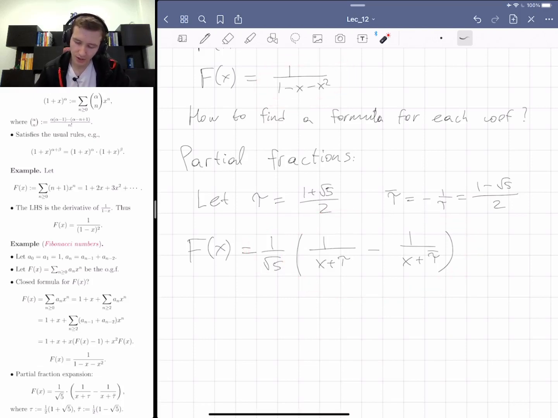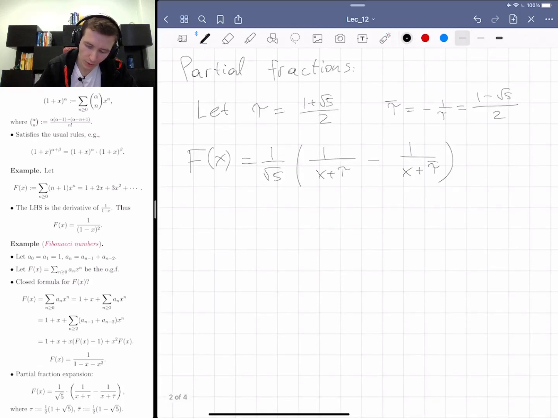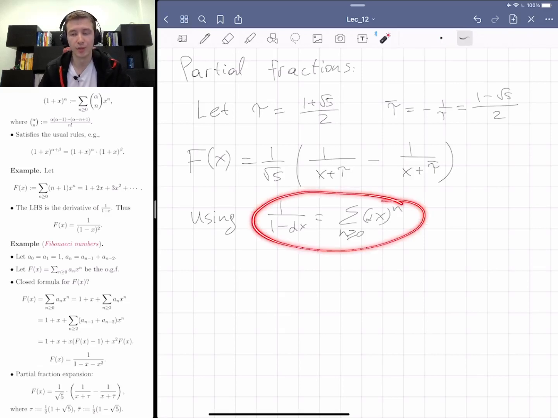And now, because each of them is basically 1 over a constant plus x, I can represent each of these as some constant times 1 over 1 minus alpha x. What I'm going to do is use 1 over 1 minus alpha x equals the sum of alpha x to the n, the formula for geometric progressions.